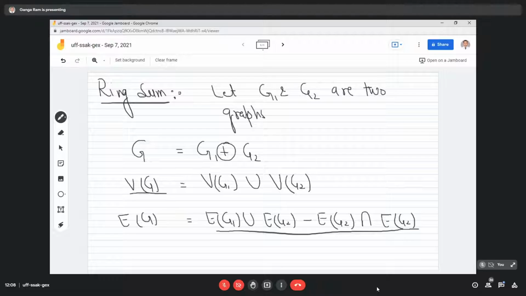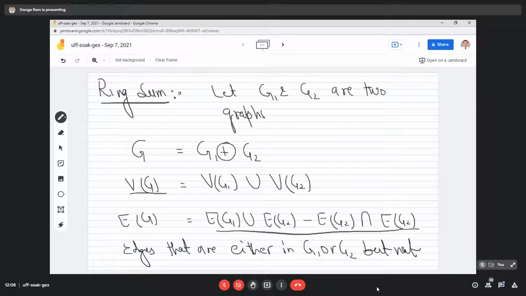The meaning of this mathematical notation is that we take edges that are either in G1 or G2, but not in both. And you know the meaning of union. Union means just the union of the V(G1) and V(G2) sets.